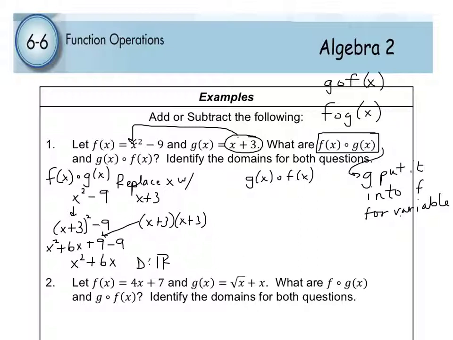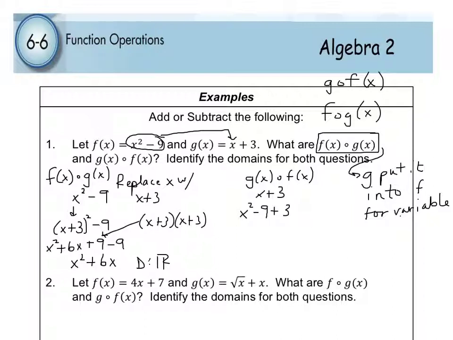Now I'm going to take g of x and compose it with f of x. That means I'm going to take f and put it in for g. This time I'm going to go the other way. I'm going to take this function f of x and put it in for that. So g of x is x plus 3. I'm going to replace the x with x squared minus 9, and then plus 3.